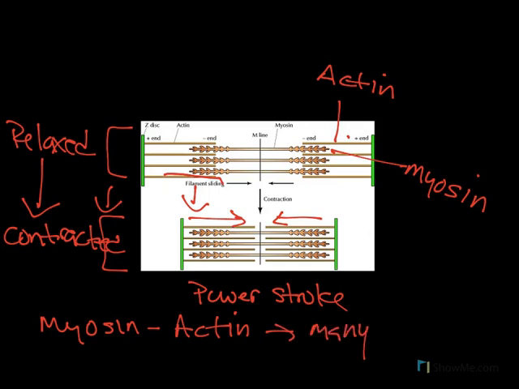So this is not all happening at once. All these interactions between each myosin head and the actin are occurring many different times. It's happening over and over again. Okay? It happens over and over again to finally then have contraction.